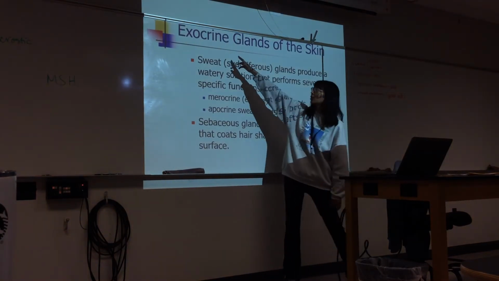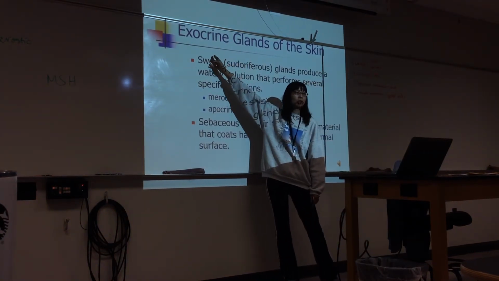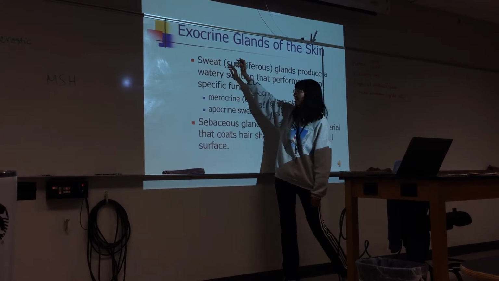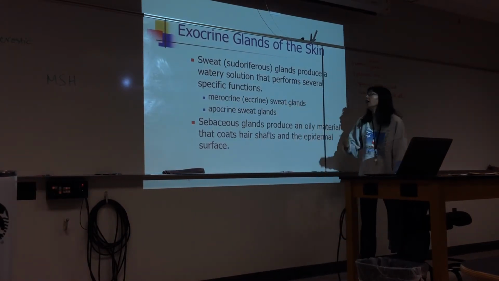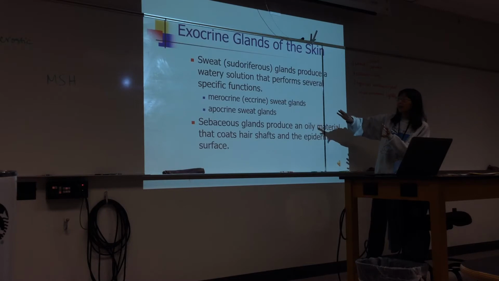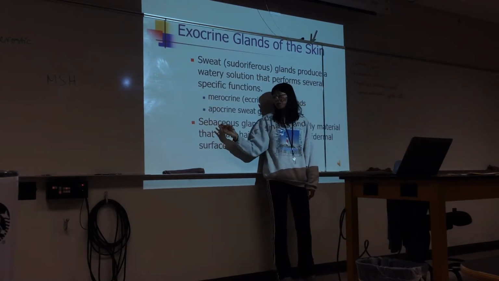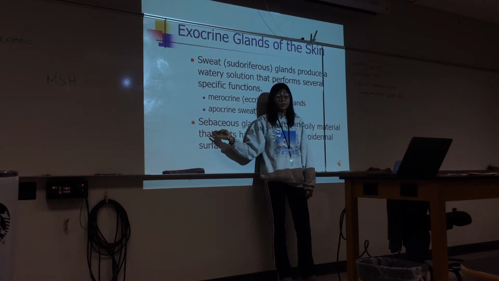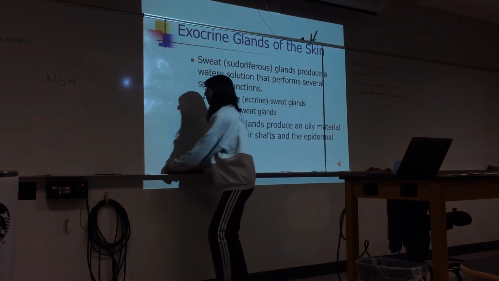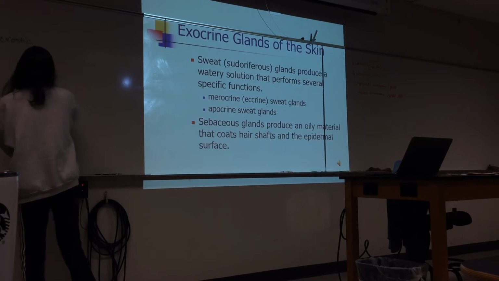Okay, exocrine, right? What does that mean? Is there a duct or no duct? There's a duct. All right, I'm going to slow down now. We have sweat glands and sebaceous glands. What's sebaceous? Oil, okay? Which is usually around the hair.